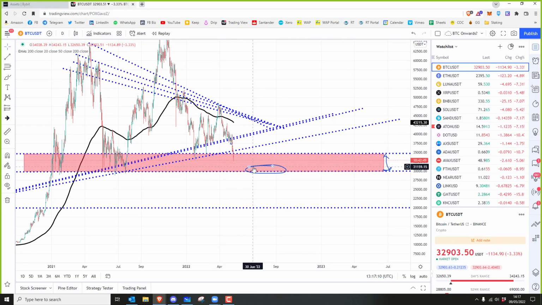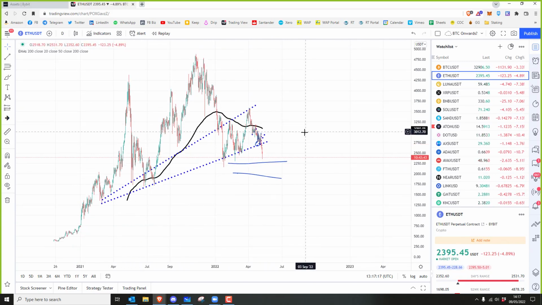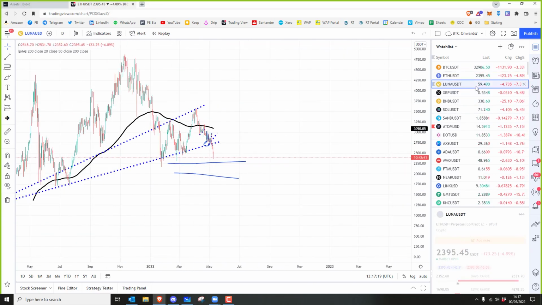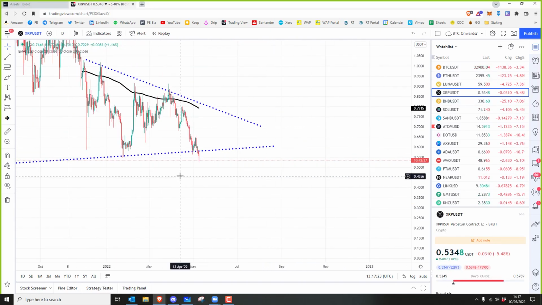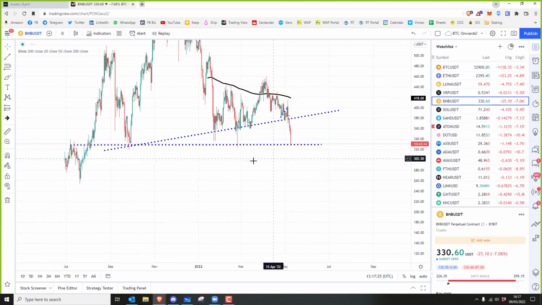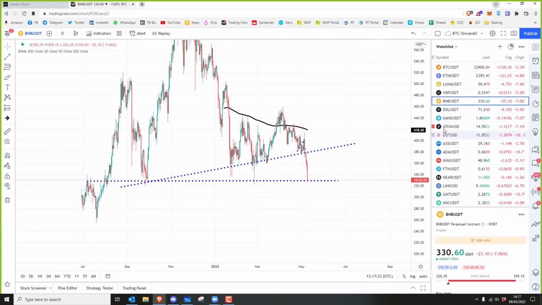Bitcoin's entering, it looks like my little white hole's about to be filled here. Pretty much every major crypto other than Luna, base support has been breached. Binance has had an absolute nightmare, and that is one hell of a head and shoulders. If that gets breached, God, Binance is toast.